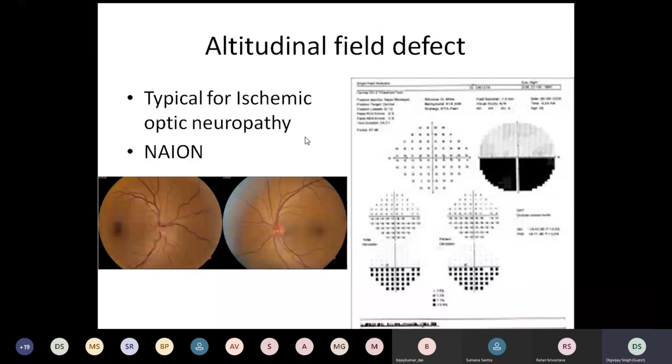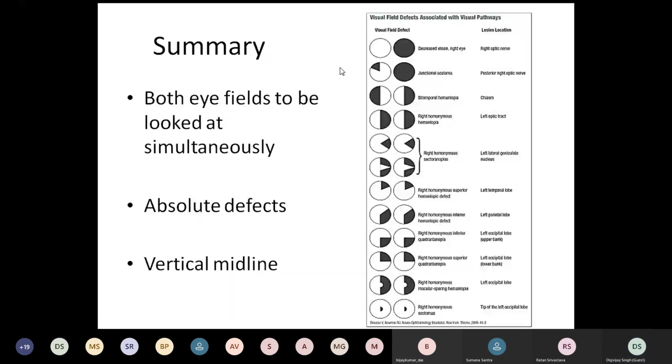Why is it in the horizontal way? Because that's how the vessels are dividing. So in ischemia, the vasculature always divides into superior and inferior quadrants. That's how the vasculature in the eye is, and in the optic nerve, and therefore you get an altitudinal field defect. Remember, if you see this, the first thing that should come to your mind is NAION, non-arteritic anterior ischemic optic neuropathy. Rarely, optic neuritis can also cause this.